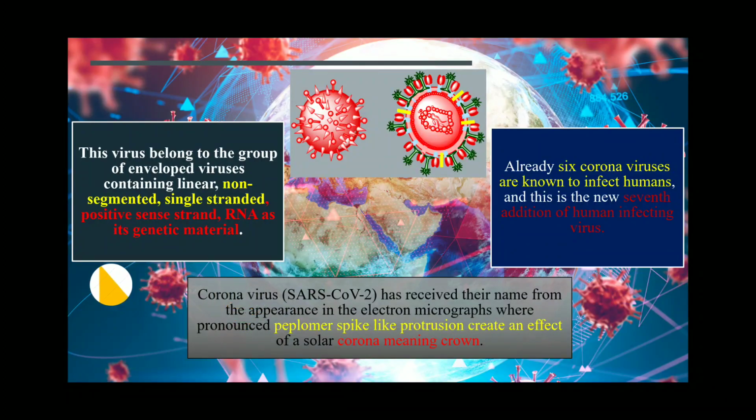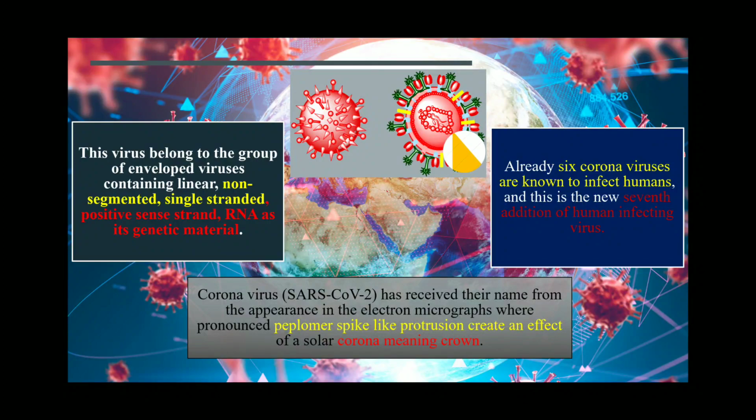So in a gist, I would like to say this is a virus that belongs to a group of enveloped virus containing linear non-segmented single-stranded positive sense strand RNA as a genetic material. Means the genetic material is RNA, and that is positive sense strand and single stranded non-segmented.